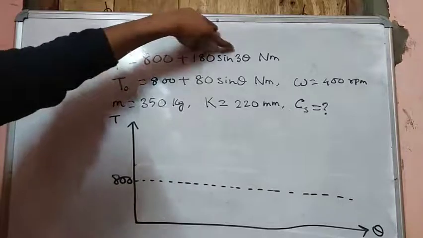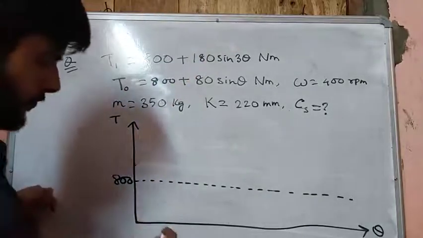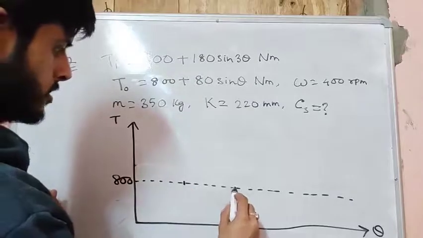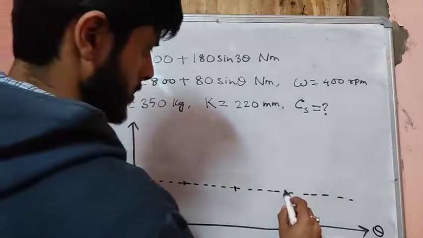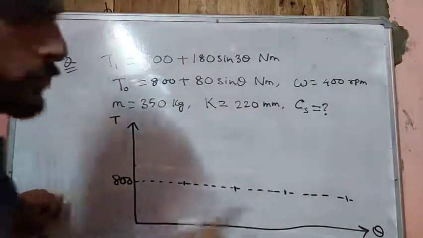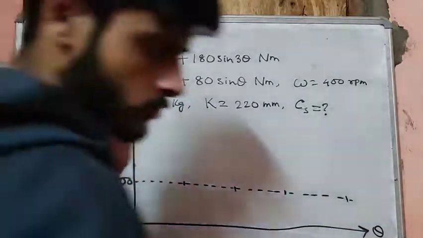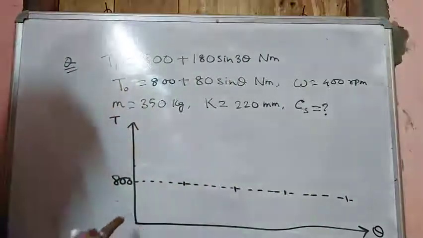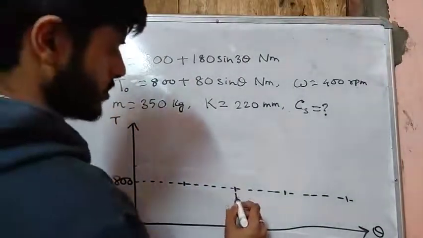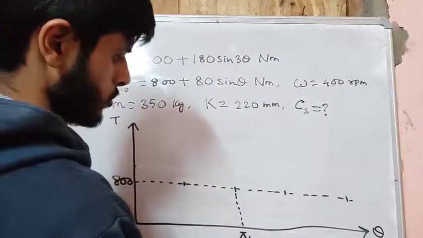For 180 sine 3 theta, let's say this is pi by 2, this is pi, this is 3 pi by 2 and this is 2 pi. This is for a two-stroke engine, so we need only up to pi.